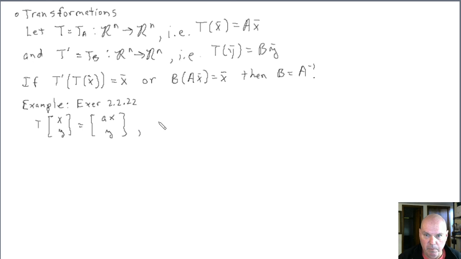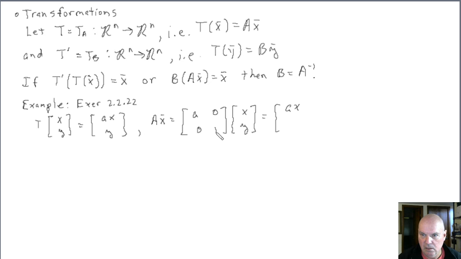Okay, that can be represented as a matrix transformation Ax, where A is actually equal to [a, 0; 0, 1] times [x; y]. We'll see that this row times this column gives ax, and this row times that column gives y. So this is the matrix of the transformation, [a, 0; 0, 1].